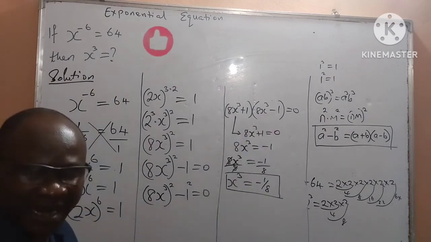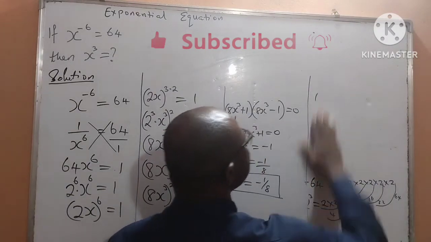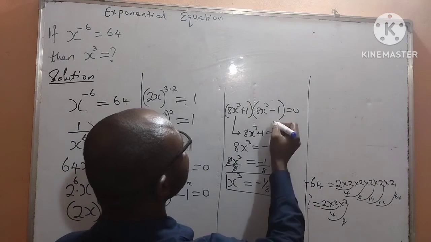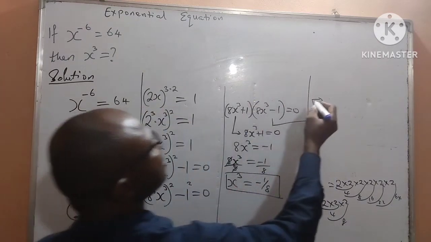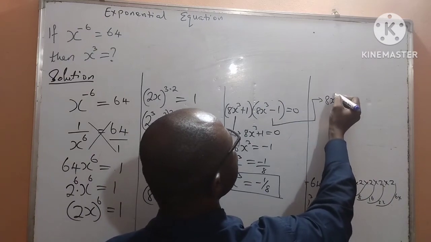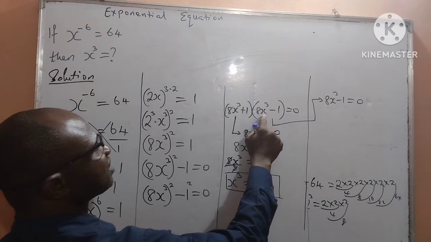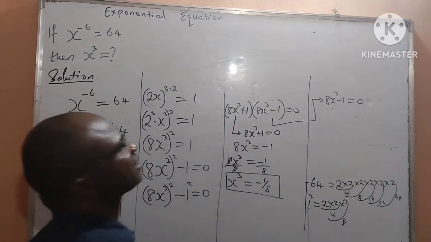We come to the second bracket, which is 8x to the power 3 minus 1 equal to 0. The first one is equal to 0, the second one also is equal to 0. We do the same thing we did in the first bracket.